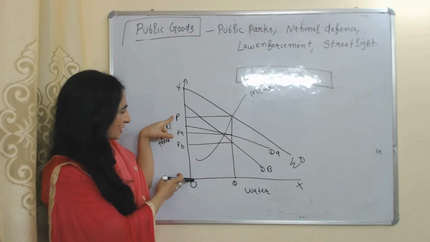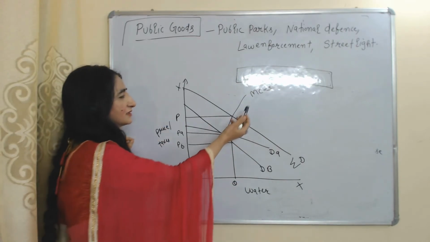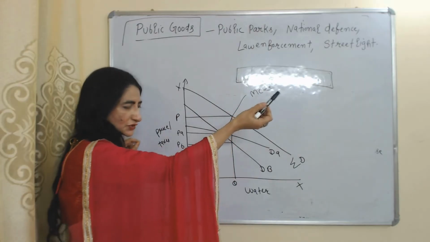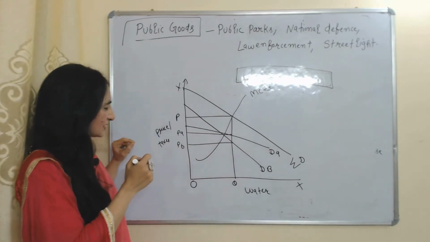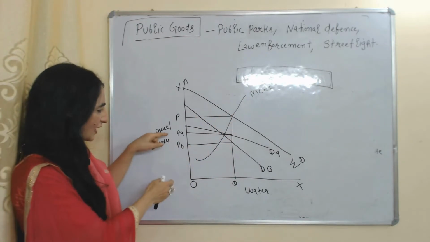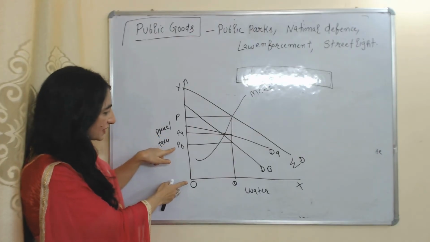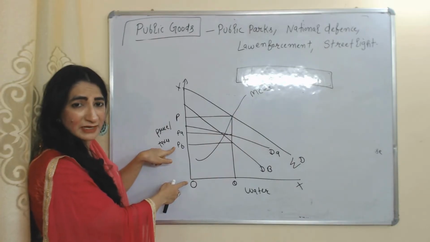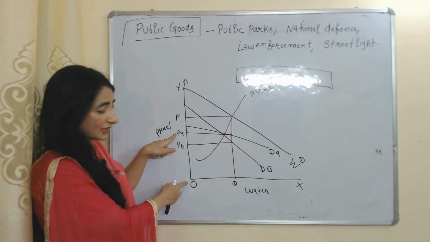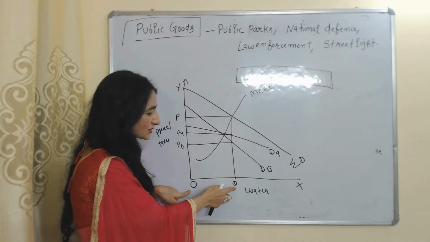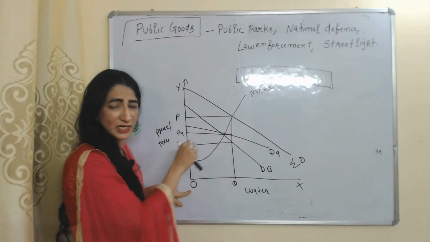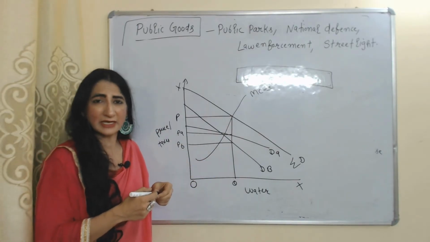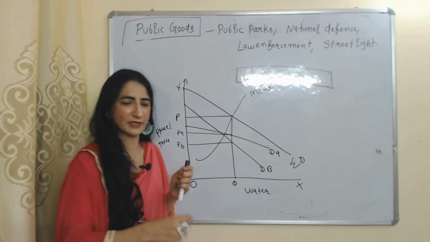Jointly they are paying OP price, and this MC curve shows the cost. And here you can see person A is paying higher price, OP price, and person B is paying OPB price. Person B is paying less price as compared to person A. But both are using same quantity of water, OQ. So there is price discrimination. So we can say that here our market will fail.